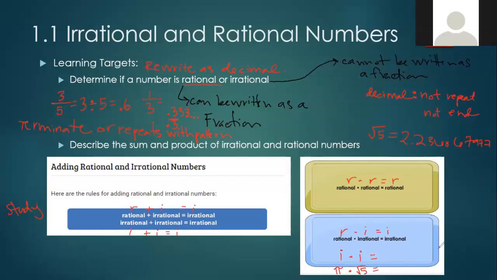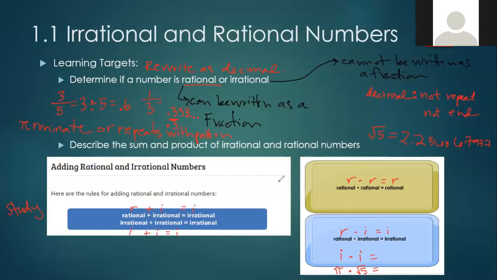Go ahead and test one out. If you do pi times square root of 5, look at your answer and make the determination. Does the decimal end? Does it terminate? Or is there a pattern? If not, your final answer then is that that is an irrational number.